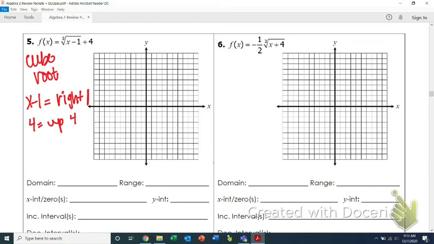All right, so we want to go from 0 over 1, up 1, 2, 3, 4. Okay, since the 4 is right here, this has got to be our y-intercept.